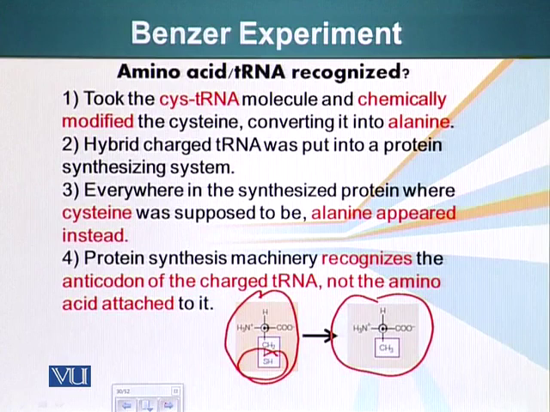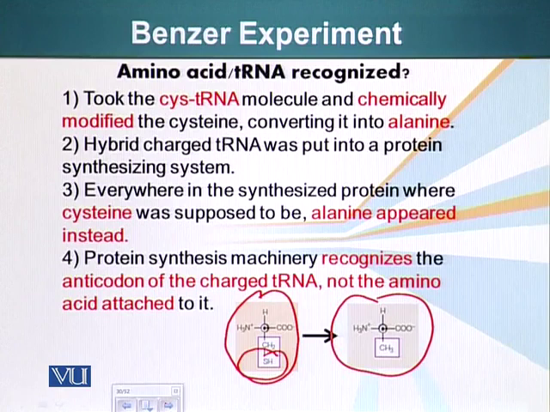This hybrid or changed tRNA was put into a protein synthesizing system. Everywhere in the synthesis of this protein where cysteine was supposed to be, alanine appeared, meaning basically that it was not the amino acid which was recognized. Had the amino acid been recognized, alanine would not have been placed in that protein instead of cysteine. The system would have put cysteine and cysteine only.